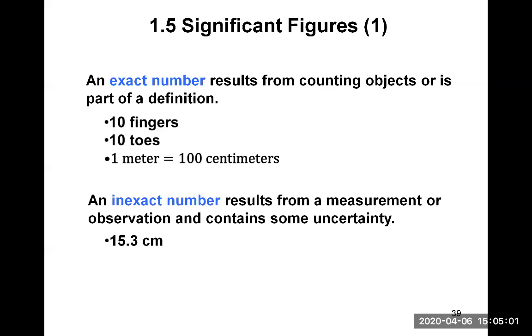For example, if you measure a length and it's 15.3 centimeters, the 15 is known for certain, right? Because we read that there were lines to show us that it was 15 centimeters at least. And then the 0.3 is estimated, and somebody else could have said 0.4. And so that last digit to the right carries the uncertainty, and it's our last significant figure.